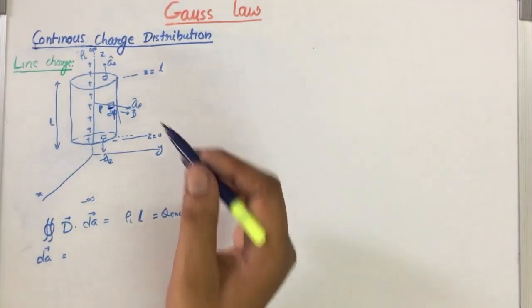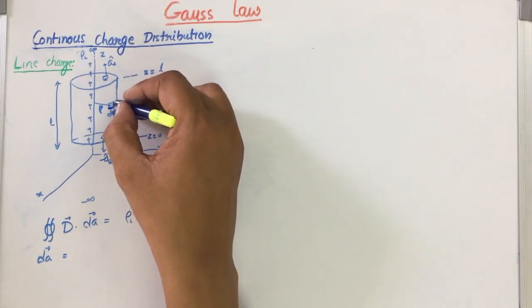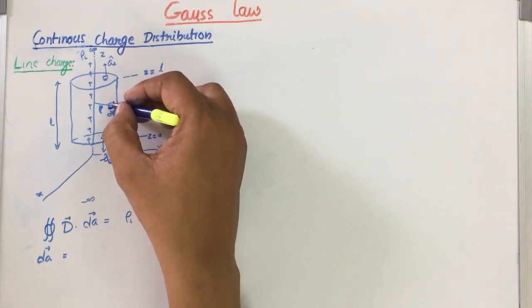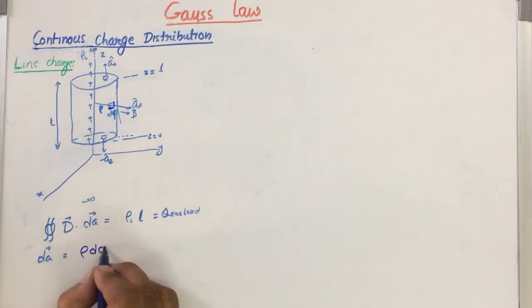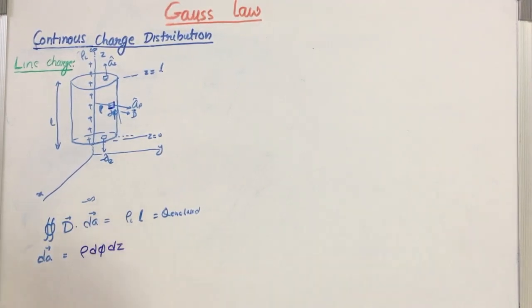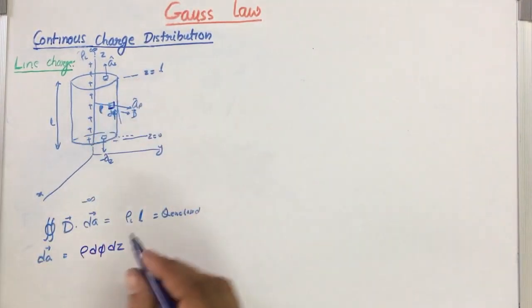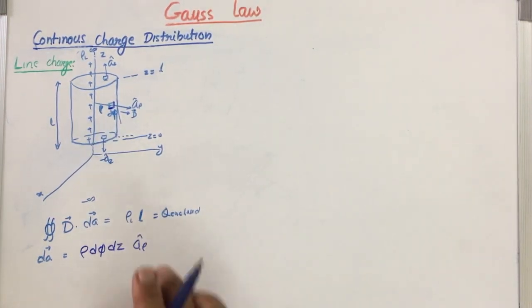So it will be rho d phi, and this is dz. So the area will be rho d phi dz, and the area vector will be in the direction of a rho.